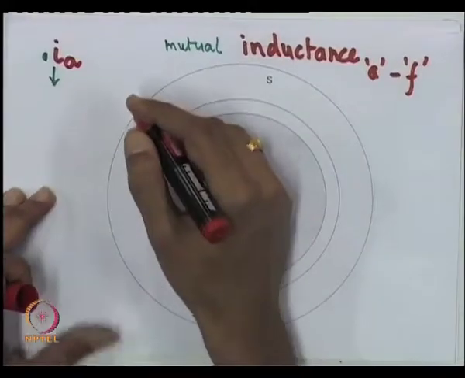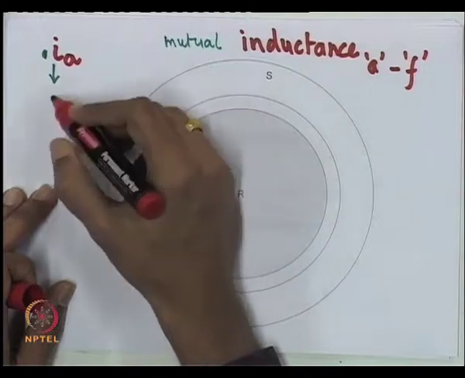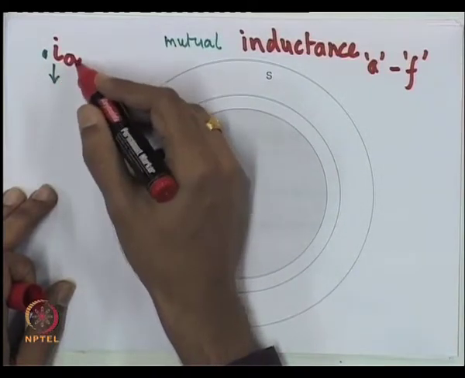That will of course create a flux, an MMF in the air gap. So, let us assume that there is only current in the A winding.